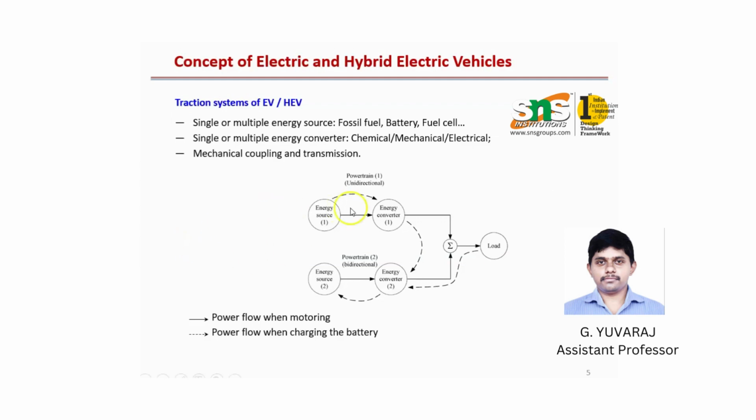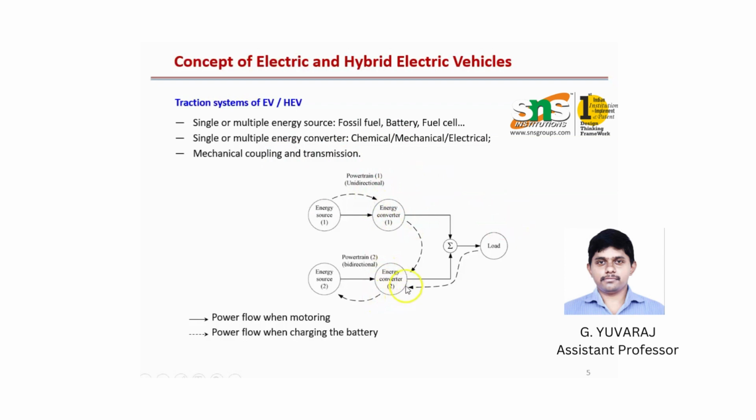You can see on this screen there is an energy source. There are two kinds of energy source: one is unidirectional, and the remaining energy source and the energy converter are bidirectional. The unidirectional and bidirectional sources allow the flow of power from the energy source, and it converts this signal to control all the components of the engine with the help of the energy converter.